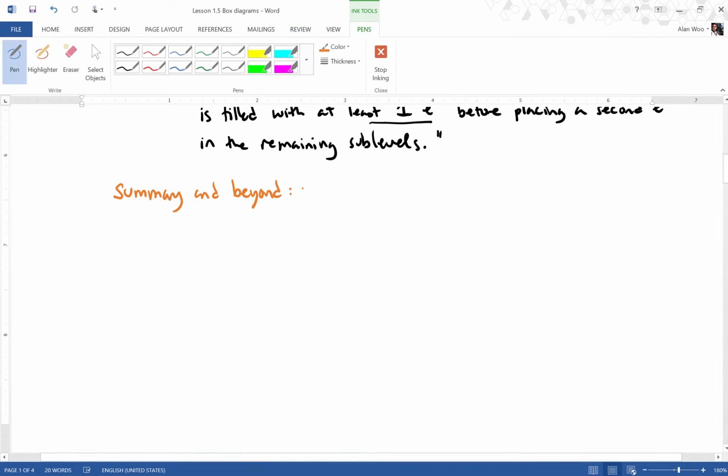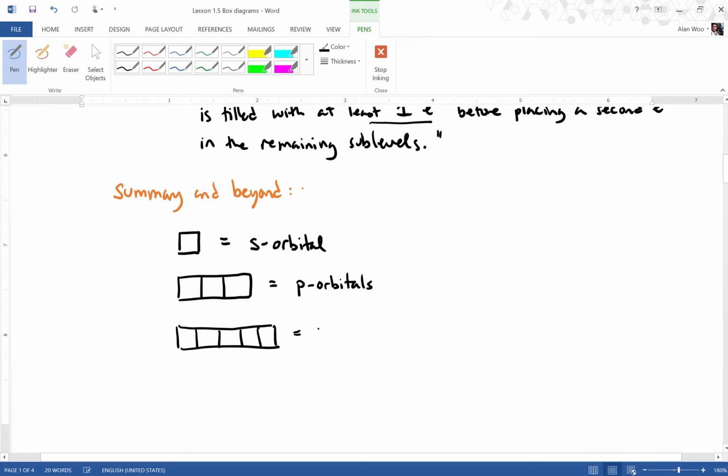What do you think the d orbitals look like? Well, d orbitals have 5 components, so that means you have 5 boxes, like this. So this would represent a d orbital.